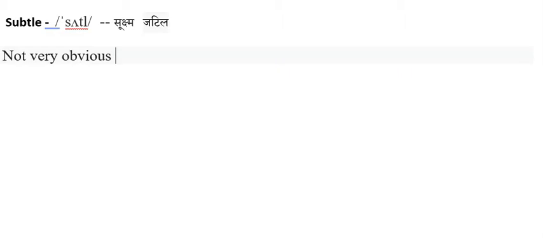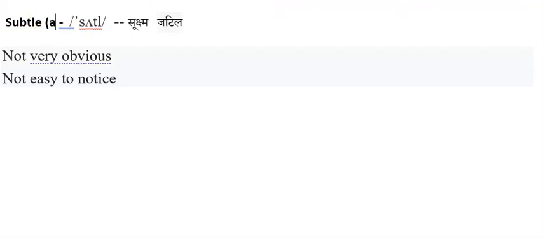Okay, that it is not very obvious or not easy to notice, that we have to put in effort. So it is not easily noticed. Okay, and this word is an adjective. So that means we can use this word with a noun.